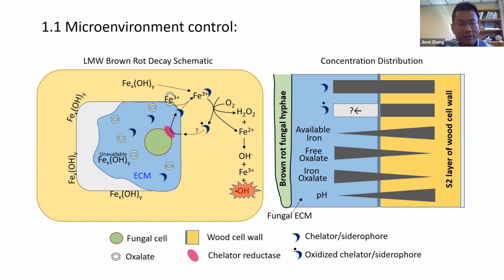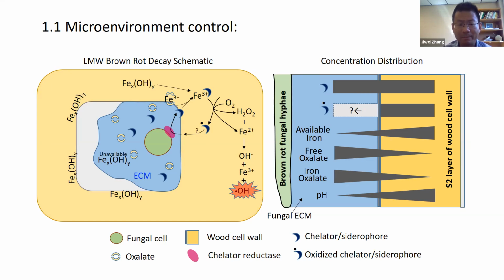Another big factor that can be used for this macro environment control is pH, because Fenton reactions only happen at a certain pH. It has an optimum pH at 4. So the macro environmental factors may control the production of the ROS at a restricted place.